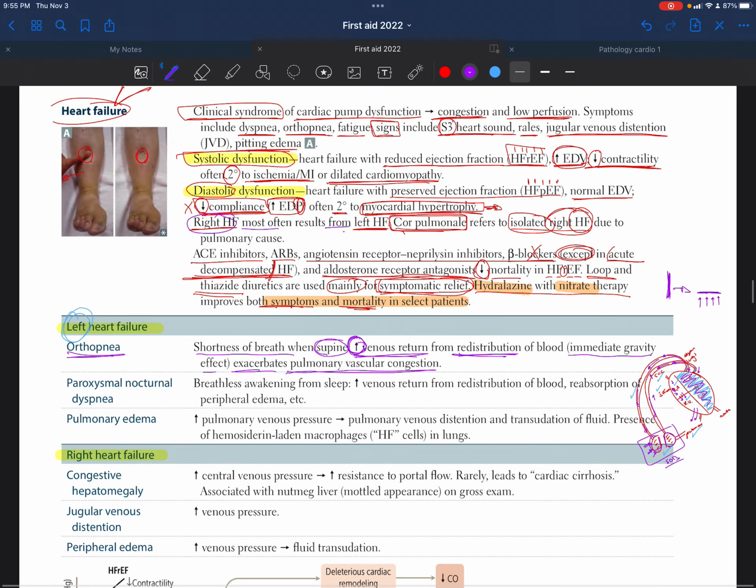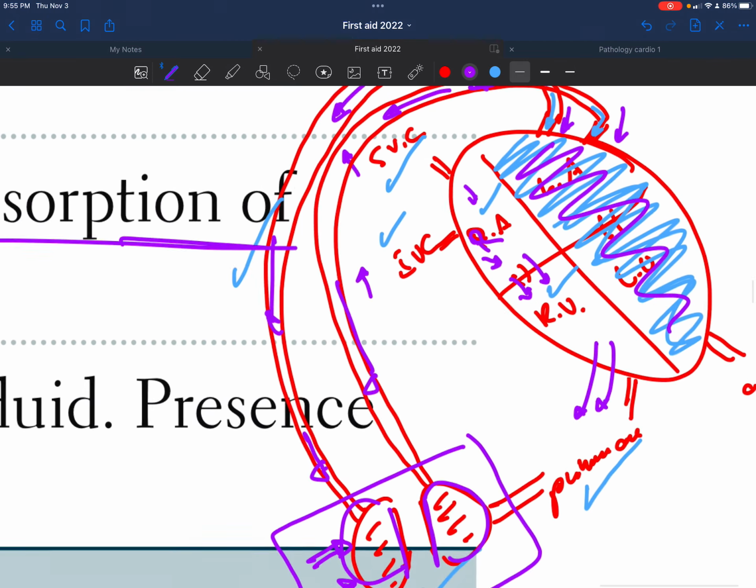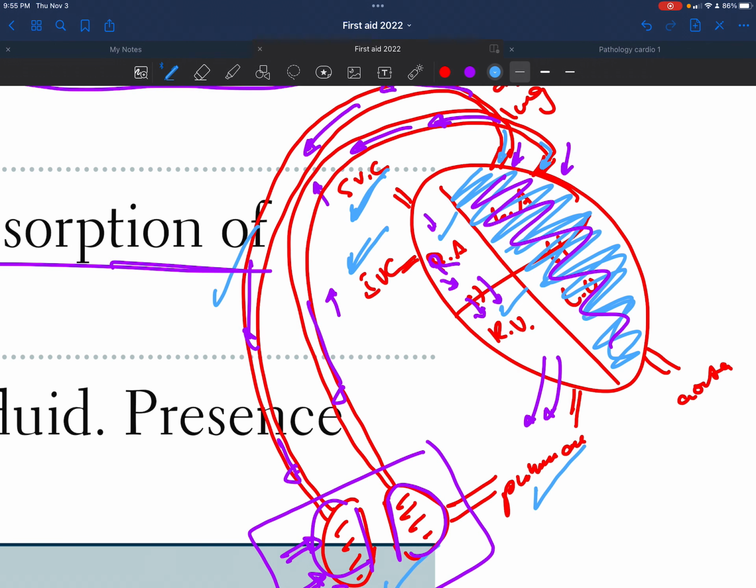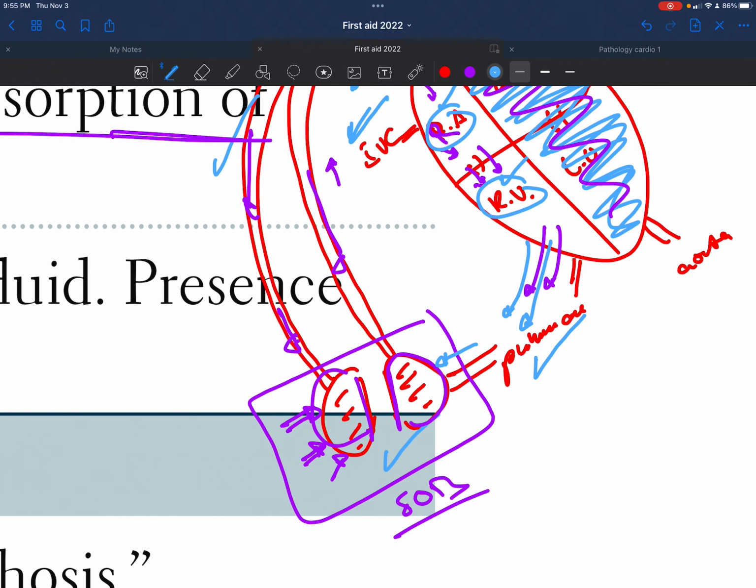Okay. Paroxysmal nocturnal dyspnea is a breathless awakening from sleep. It's basically the same thing, because there is an increased venous return from redistribution of blood, and in addition to the redistribution of blood due to gravity, there is reabsorption of peripheral edema. It's basically the same mechanism. So a lot of blood is going through the superior and inferior vena cava, goes to the right atrium, then the right ventricle, then goes to the pulmonary artery, and it's fine, and then gets oxygenated in the lungs, and it's fine.